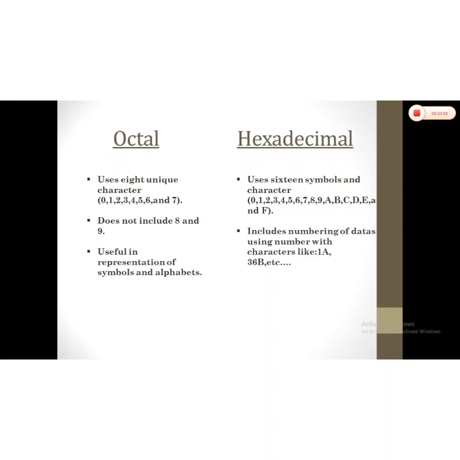It includes numbering of data using letters: if you want to represent 15, you will write F. If you want to represent 31, you will write 31. If you want to represent 10, you will write A, like this.